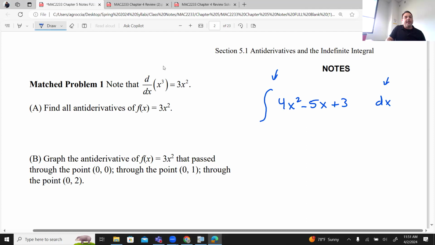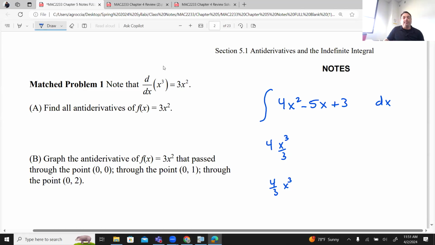So what we're learning is the number in front stays in front, add 1, 2 plus 1 is 3, and divide by it. Now stop there. If you got that, you got today's lesson. I'm going to add fractions and decimals, and you're going to think it's so much harder, but that's it. The number in front stays in front, add 1, divide by it. That's all we're learning. So that becomes 4/3 x to the third.